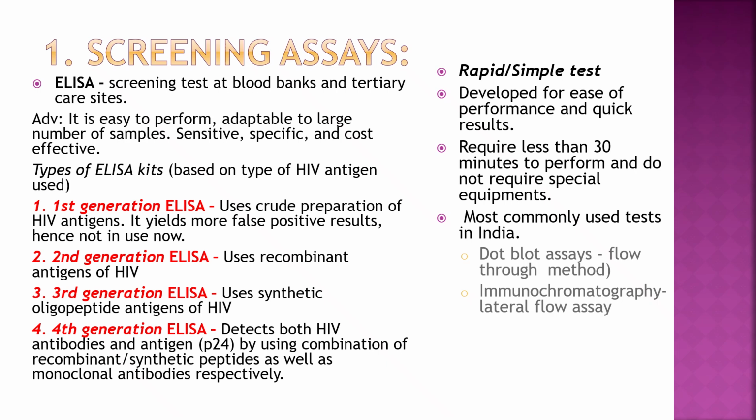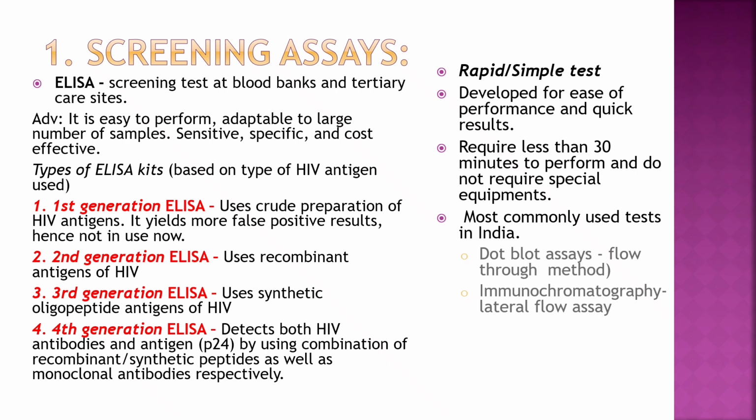Types of ELISA kits. First generation ELISA uses crude preparation of HIV antigen. It yields more false positive results and is now not in use. Second generation ELISA uses recombinant antigens of HIV. Third generation ELISA uses synthetic oligopeptide antigen of HIV.